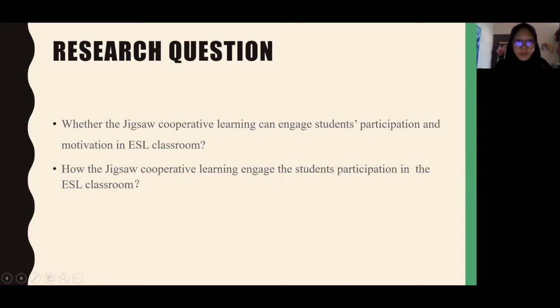For the research questions, there are two. The first is whether jigsaw cooperative learning can encourage students' participation and motivation in the ELSA classroom, and how jigsaw cooperative learning engages the students' participation in the ELSA classroom.